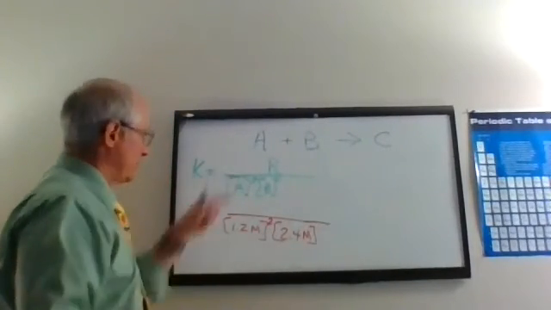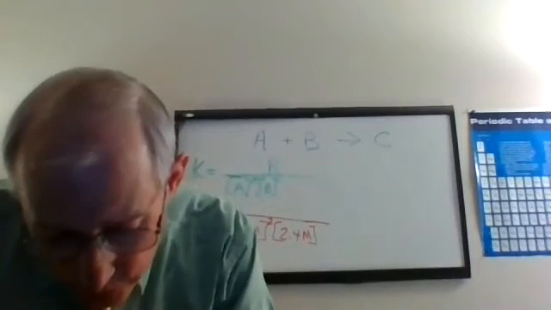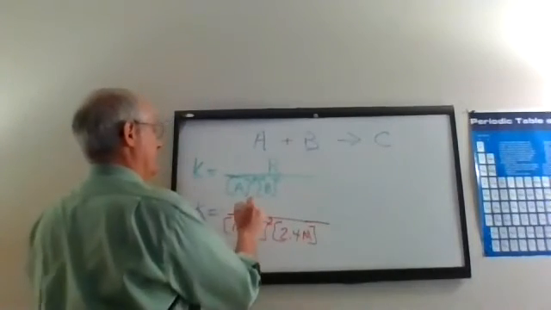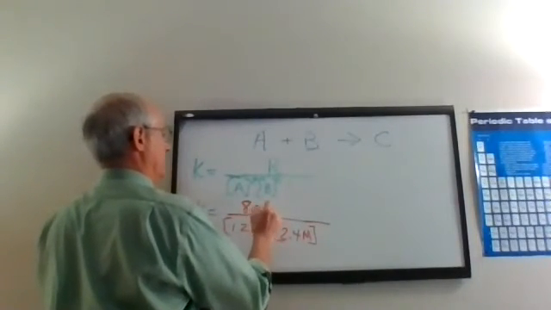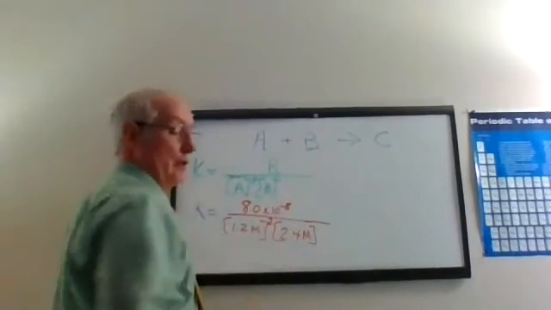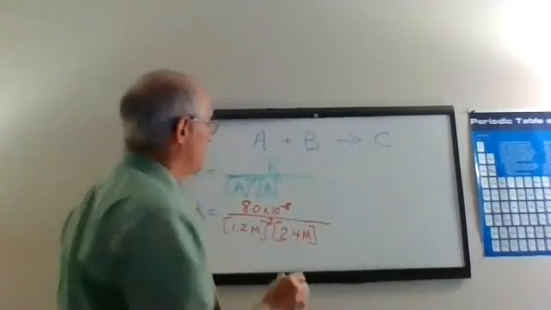And then the rate on experiment 1 was 8.0 times 10 to the negative 8, and it is called molarity per second.